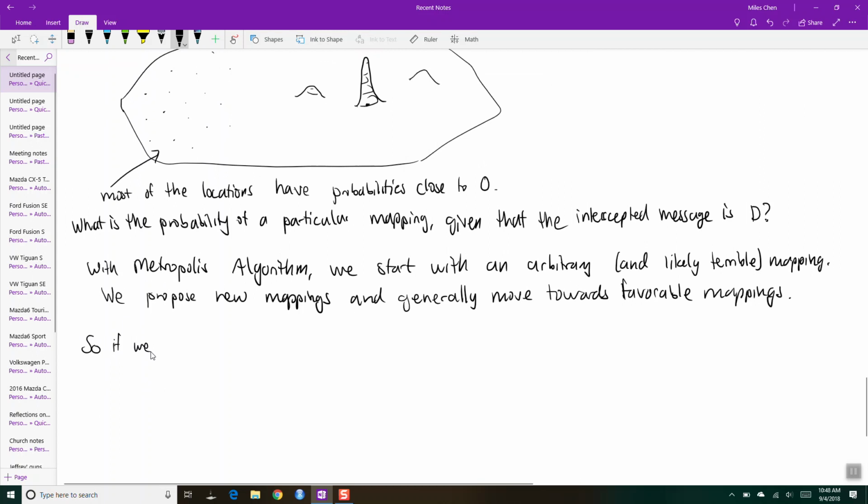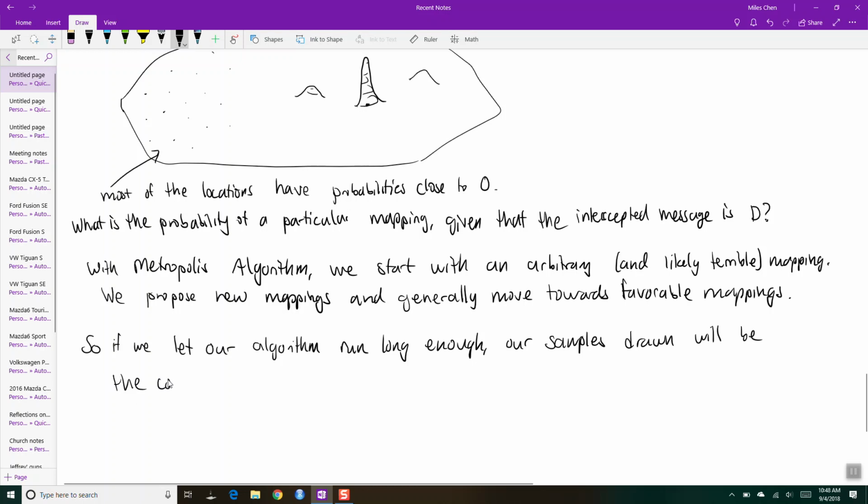So if we let our algorithm run long enough, our samples drawn will be the correct mapping along with other mappings with high probability.